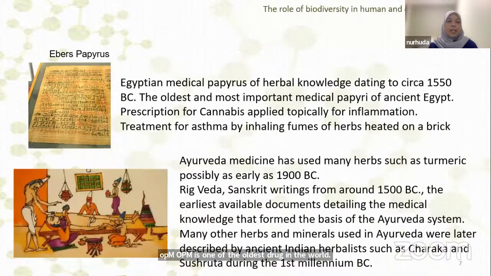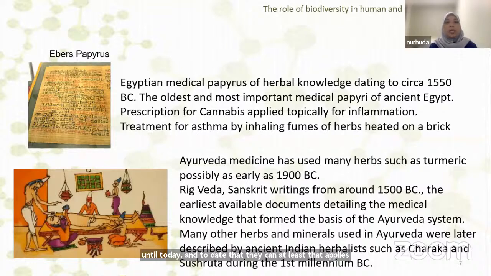Next, please. All right, so some examples: the Herbal papyrus. This was written in Egypt during the Egyptian civilization, and it has a prescription of a long list of medicinal plants. One of them, not the most famous at that time but still used until today, is cannabis, which they applied for inflammation.